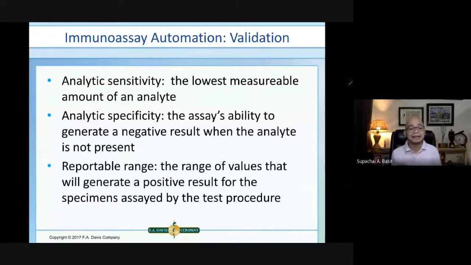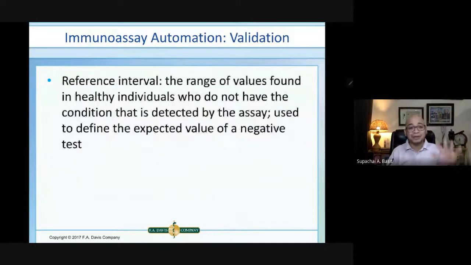When you say specificity, the assay's ability to generate a negative result when the analyte is not present. When you say reportable range, the range of values that will generate a positive result for the specimen assayed by the test procedure. Sometimes if the assay is not sensitive, the reportable range would be very high. Reportable range, up to where can it be measured? That's what we meant by reportable range.